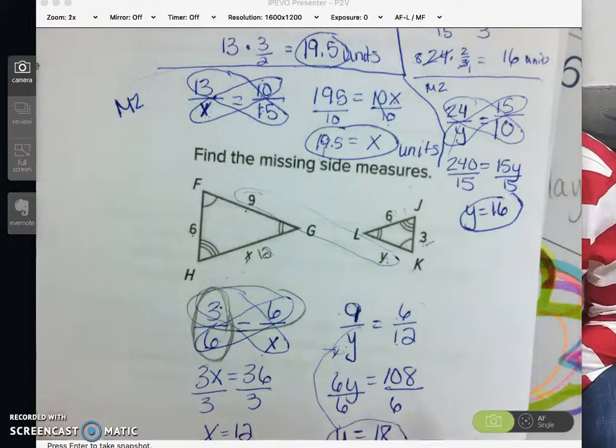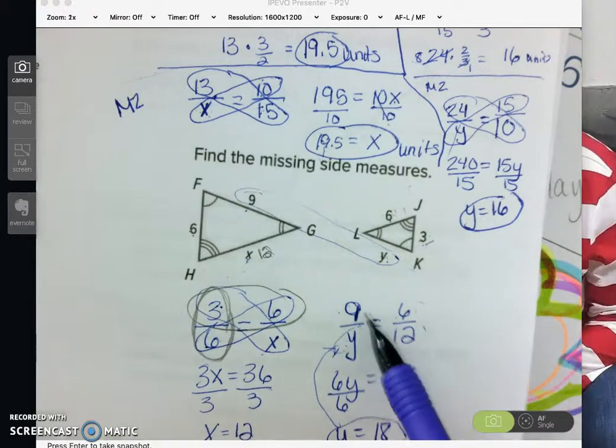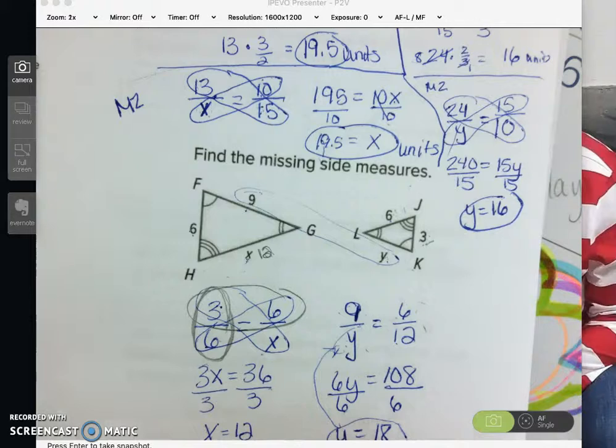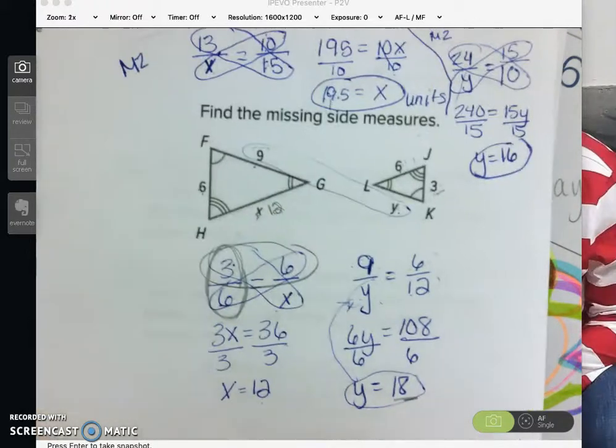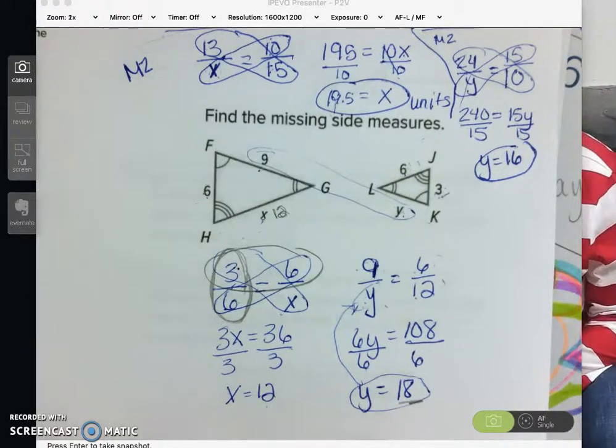When you are doing this, when you get down to the answer, you can figure out, if you look, 6 is half of 12. What is 9 half of? 18. So if I were to get anything other than 18, I should look and say, okay, that doesn't make sense. Let's check your math again.